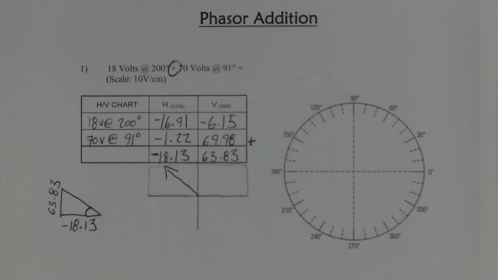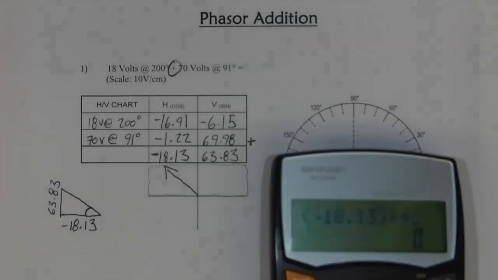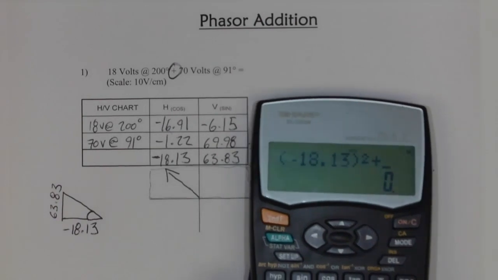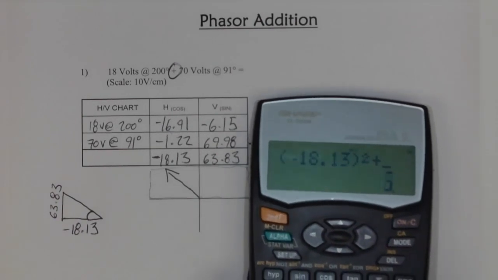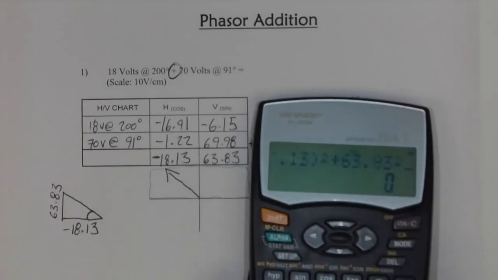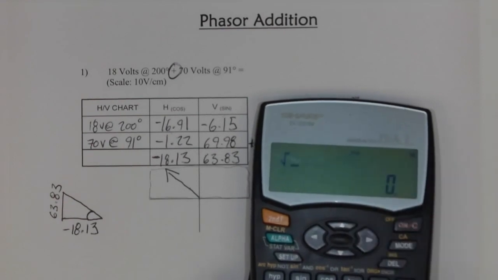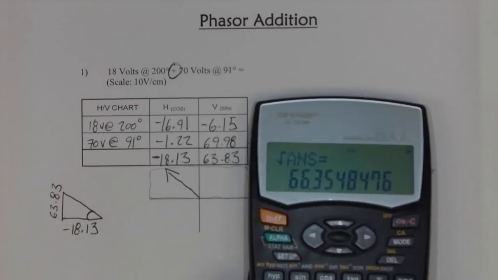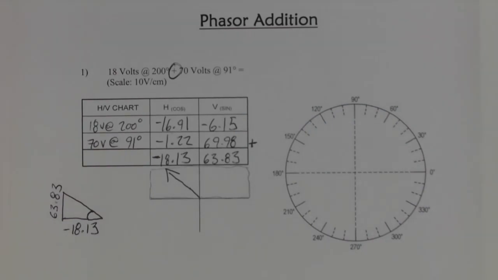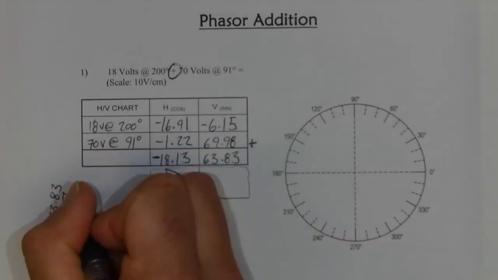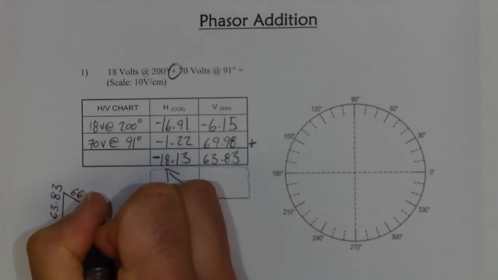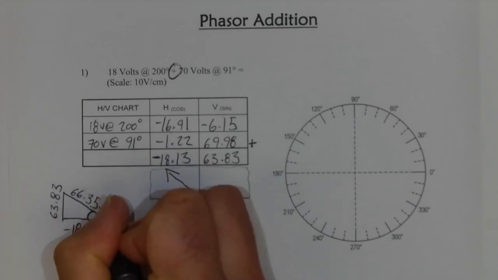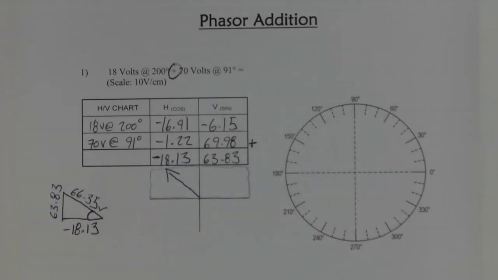So I'm going to enter that into my calculator: negative 18.13 squared plus 63.83 squared equals, and then I square root the whole thing, we get 66.35. So 66.35, that would be the voltage of my combined two vectors.